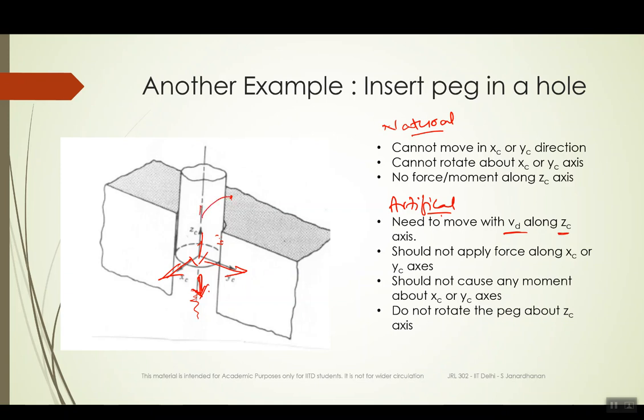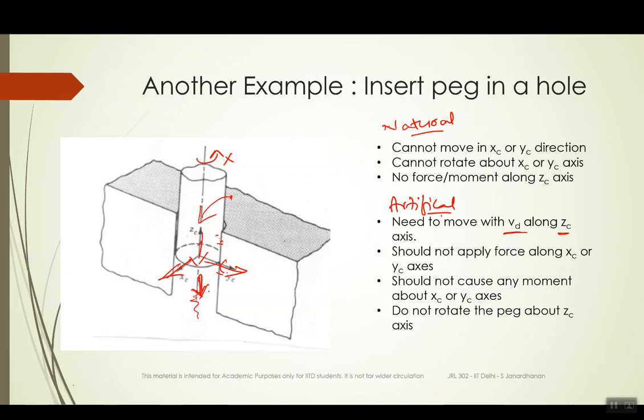So there should not be any attempt to twist in this direction. An attempt to twist may not cause any motion, but it will definitely cause a force. And in addition to this, I don't want to rotate the peg in the zc direction also.